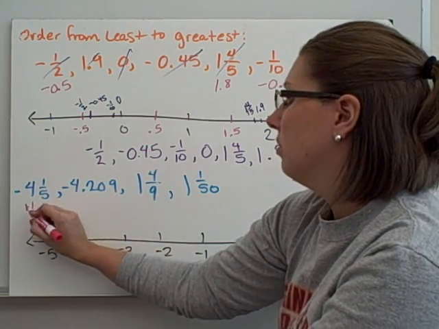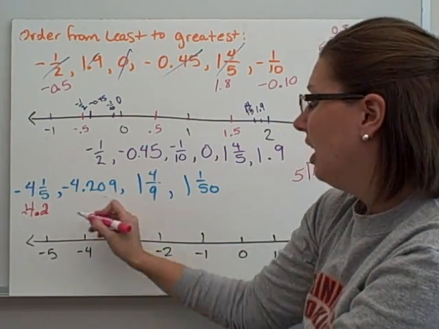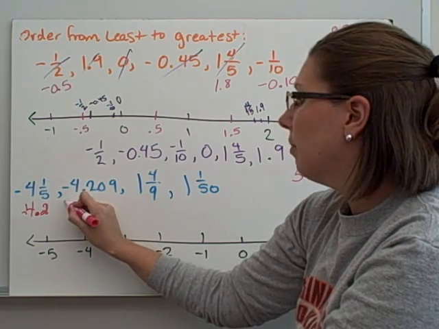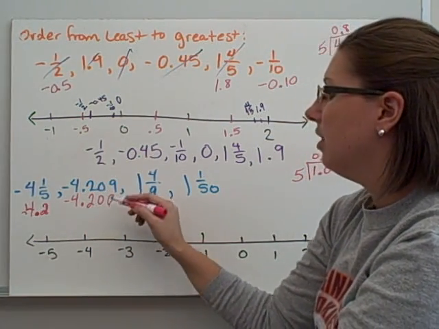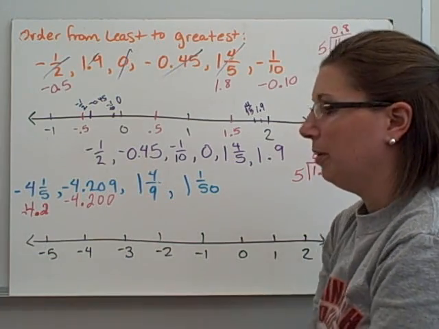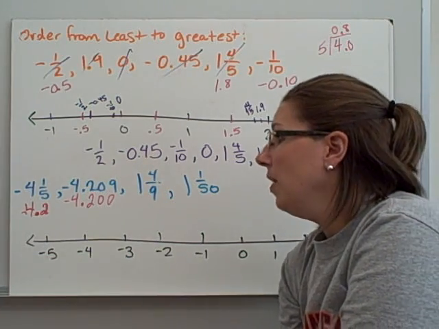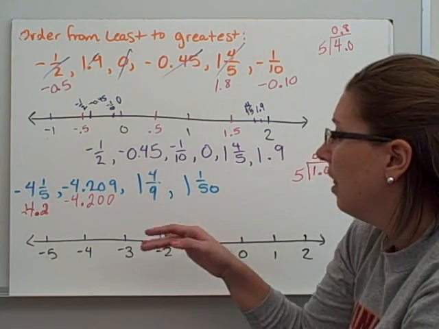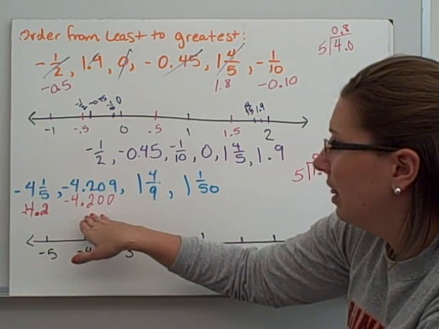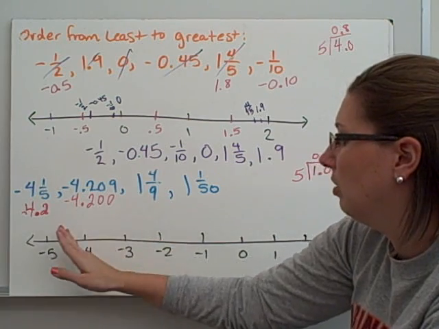If I wrote, what did I forget? My negative sign. If I rewrote this number underneath -4.209, you'll notice you have to add some zeros as placeholders, but this number is actually closer to 0.